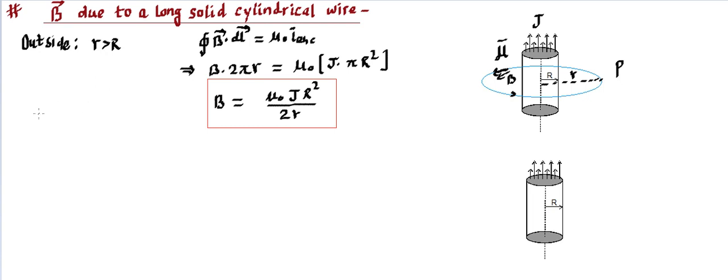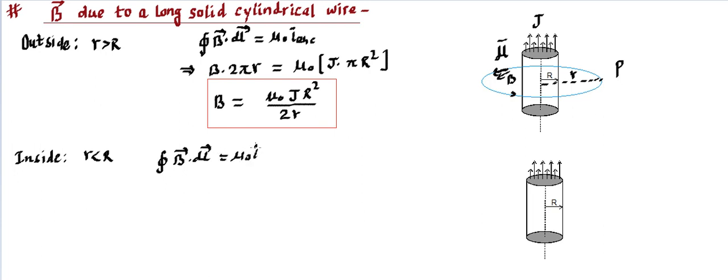Just like we found for outside, we can also find for inside. So inside means this small r is less than capital R, and we are going to again proceed with Ampere's law, which says integration B dot dl is equal to mu naught into I enclosed.